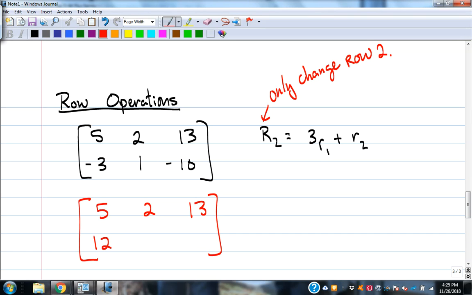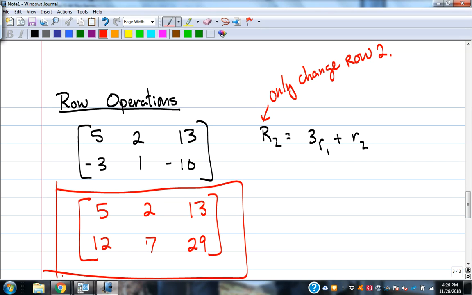And then 3 times 2 is 6. 6 plus 1 is 7 in row 2 in that second spot. 3 times 13 is 39 plus -10 would be 29. And that's a row operation. And this is the answer, is doing that row operation.